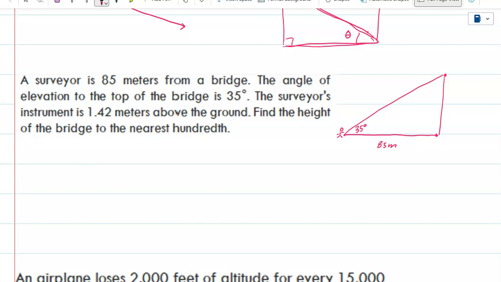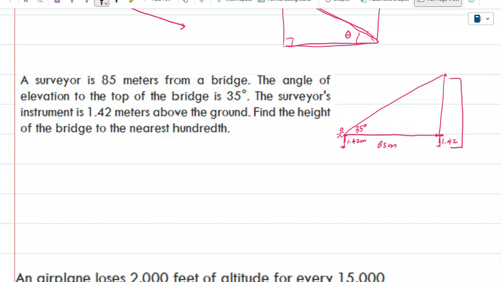So the surveyor's instrument is 1.42 meters above the ground. Find the height of the bridge. So this is also 1.42. So we need to find the entire height of this bridge, and that includes the 1.42 because the surveyor's instrument is higher.